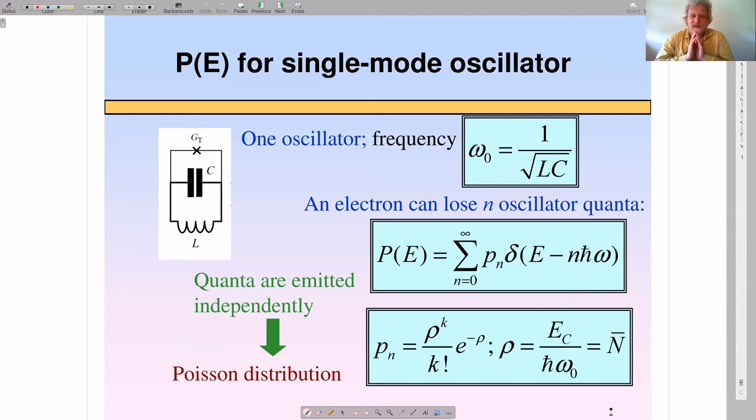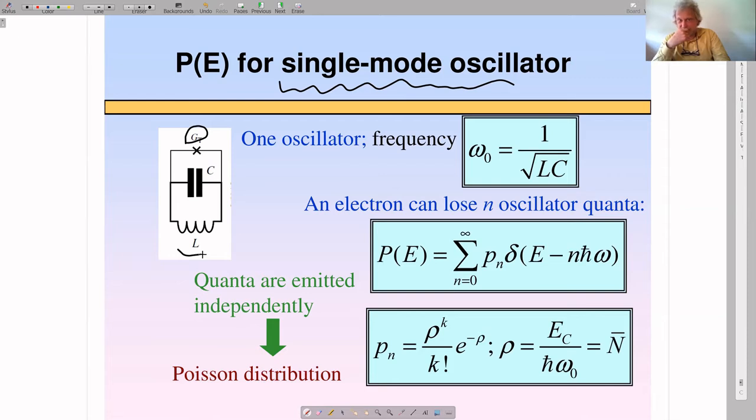So let me consider a very simple example of the environment. There is a tunnel junction, electrons go through this tunnel junction, and there's a capacitor, but instead of a resistor, we will have an inductance, right?